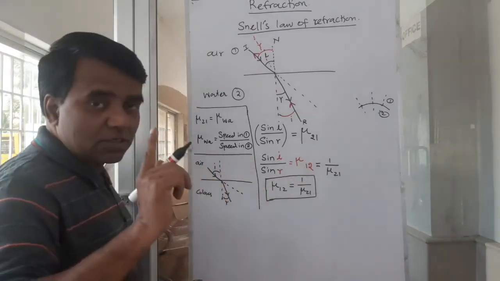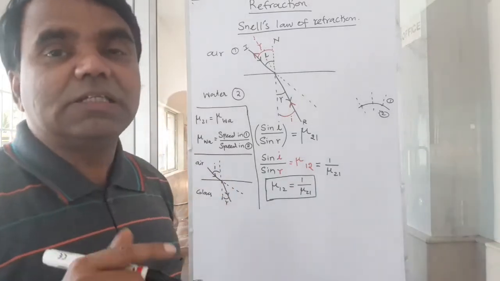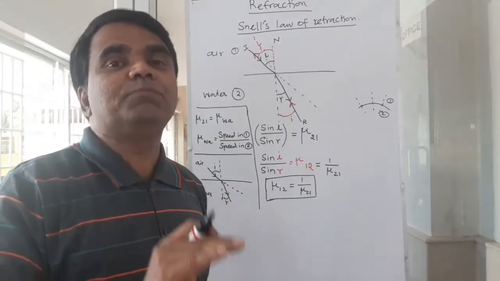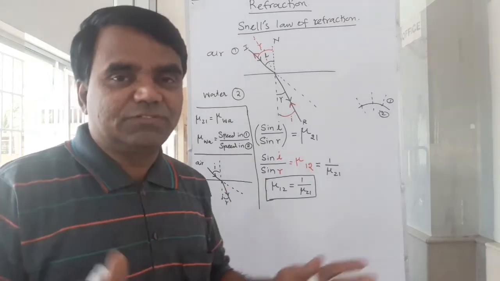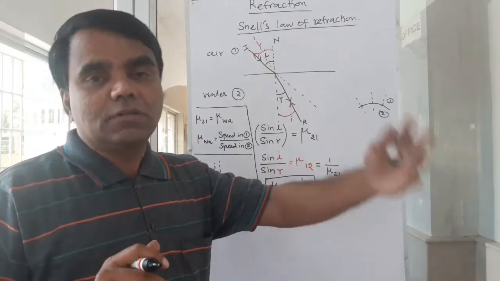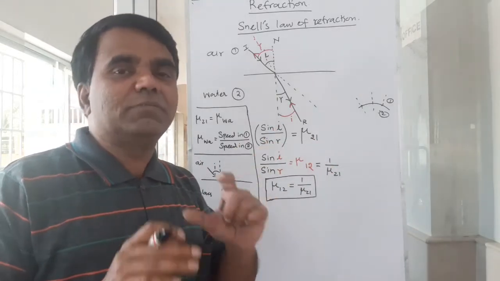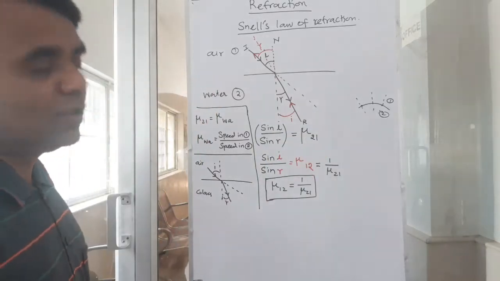The speed of light in air is almost the same as the speed of light in vacuum. It slows down a little bit in air, but it's almost the same as vacuum.